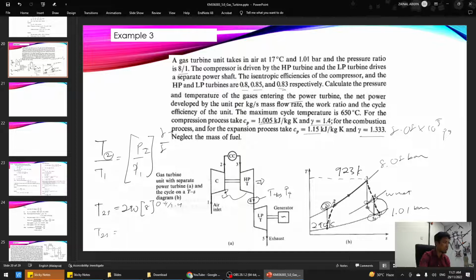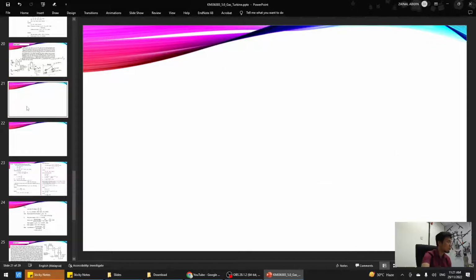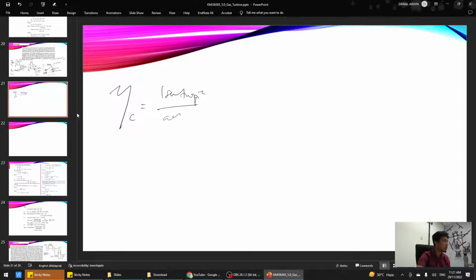So nak dapat T2 macam mana? Remember, untuk kompresor, isentropic divide by actual. So kompresor, T2S, T1, T2 actual, T1.